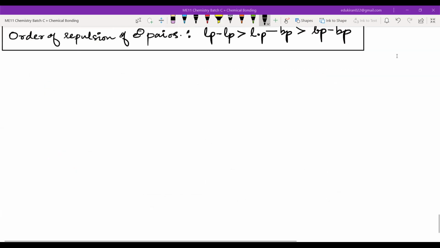Let me move on and write the formation of NH3. I will not be explaining this one because now this must be a drill for you guys. Formation of NH3, this is ammonia.